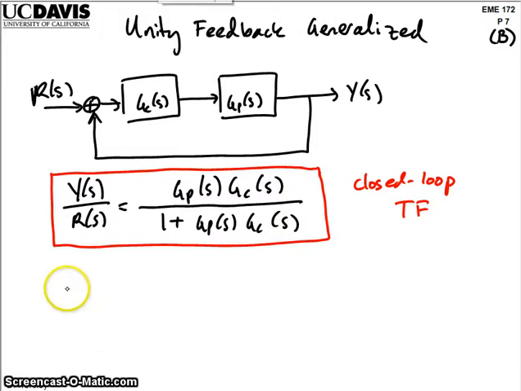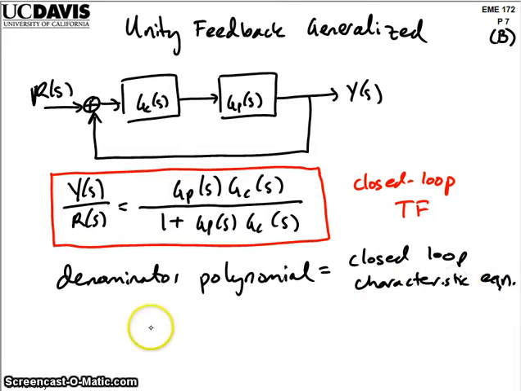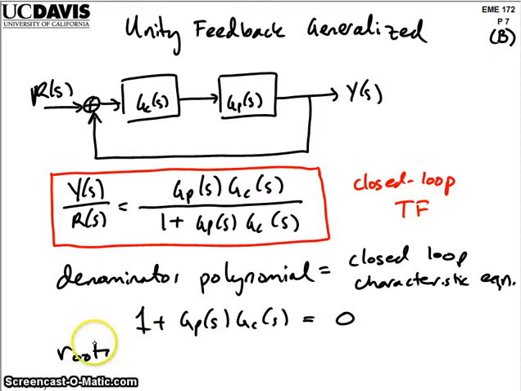So the denominator polynomial, 1 plus GP GC, we call the closed loop characteristic equation, and its roots are the closed loop poles.